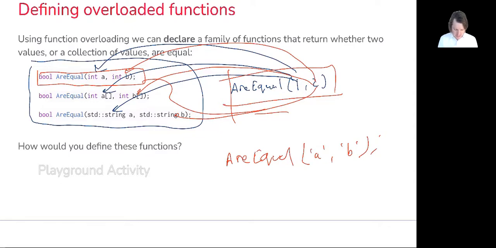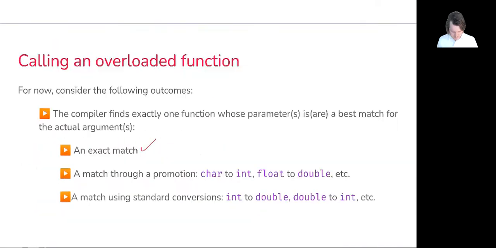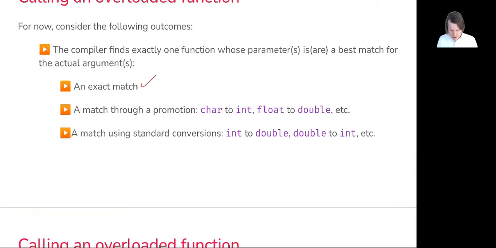So in this case, an implicit conversion exists to ensure that we can resolve this call. So that would be a match made through a promotion, from a narrower type within the same family of types to a larger one.